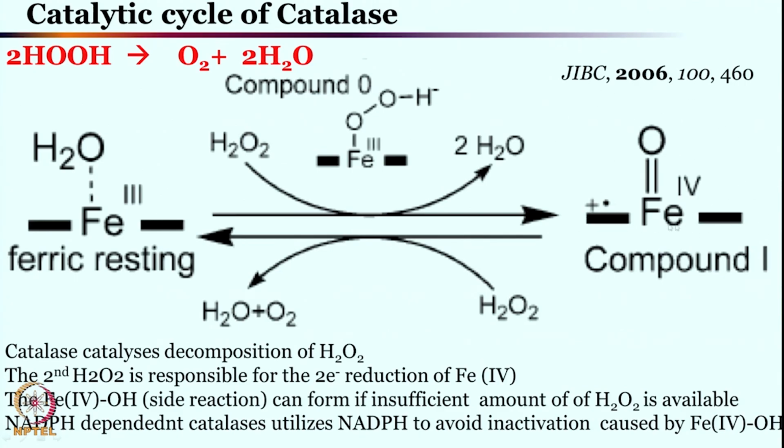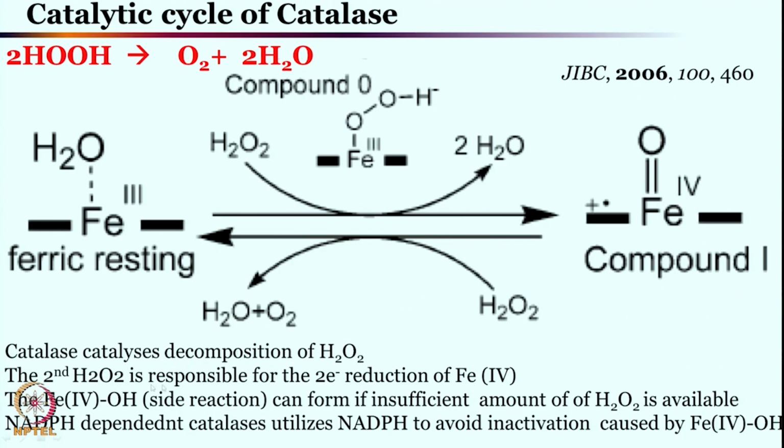Now this radical cation iron 4 oxo intermediate can go back to the resting state directly, without needing those 2 hydrogen atoms, if enough hydrogen peroxide is present, right. If enough hydrogen peroxide is present, then this hydrogen peroxide can give water and oxygen to regenerate the iron 3 hydroxo aqueous species. So catalase catalyzes the decomposition of hydrogen peroxide.